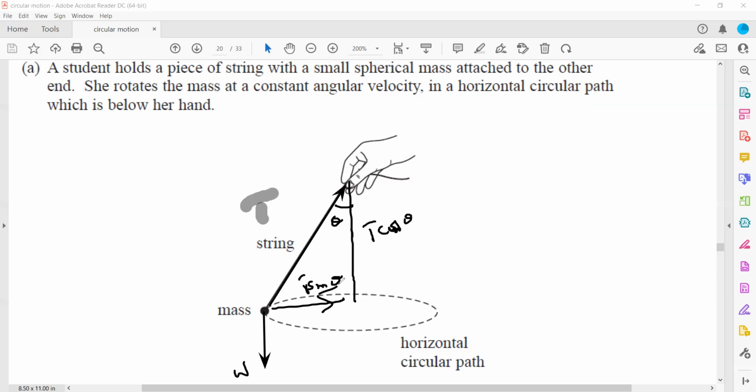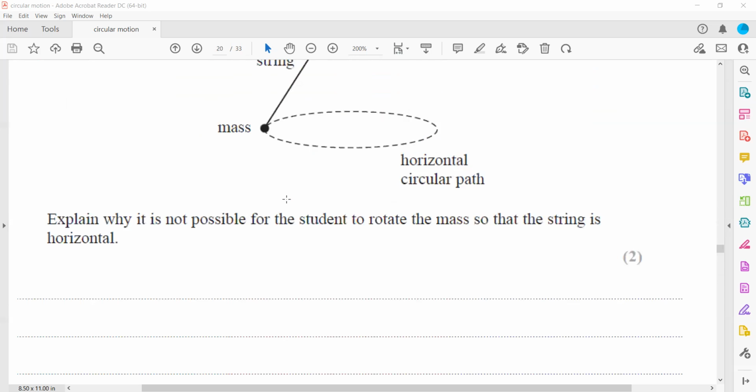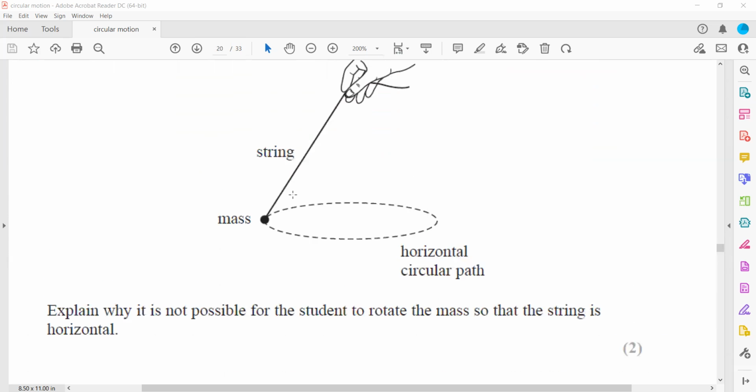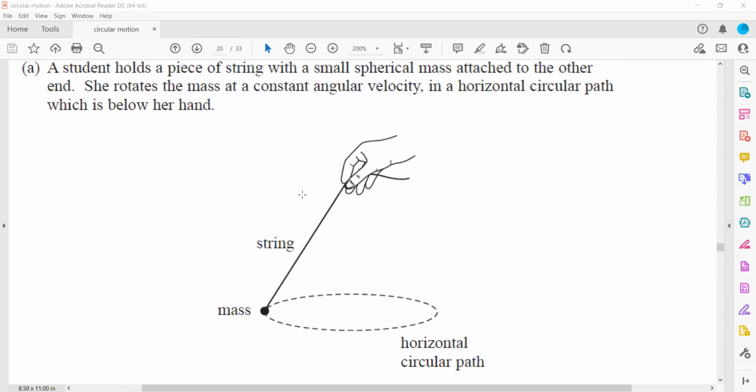T cos theta must balance with the weight so that the object can move in a circular path as well as remain in a vertical position. So explain why it is not possible for a student to rotate the mass so that the string is horizontal.